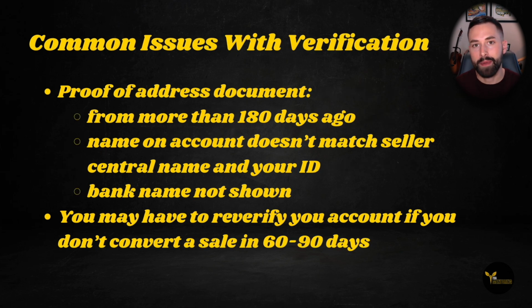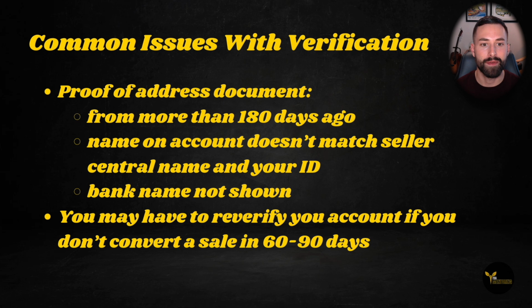So let's talk about some issues with that. As I just mentioned, your proof of address document, or your bank statement, has to be within the past 6 months or 180 days. The name on the account has to match the seller name on the account and your ID. So let's just say you're 19 years old and you're trying to create your Seller Central account and you live at a different address than your parents.